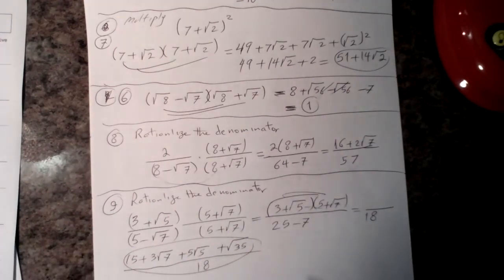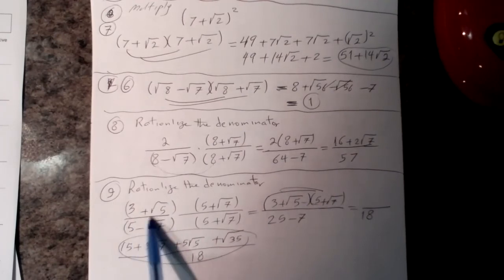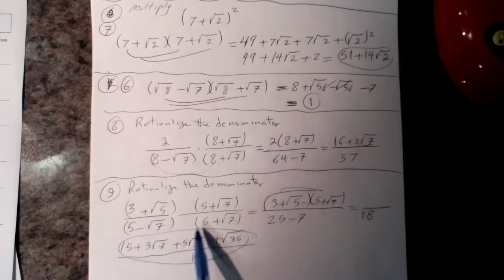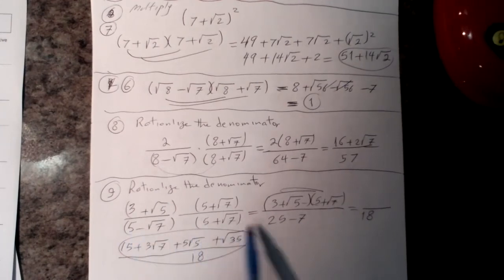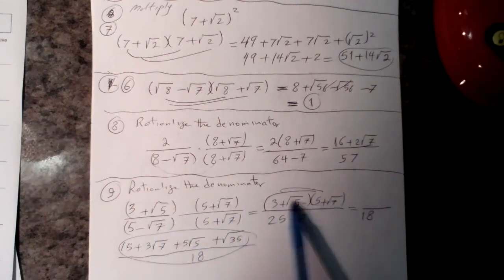See, like here, I want to rationalize this. So you multiply by 5 plus radical 7. Doing that, 5 times 5 is 25. Radical 7 times radical 7 is 7. And the top is like that, you multiply. See, you don't have a radical at the denominator.